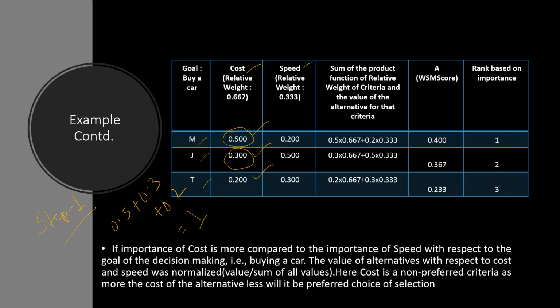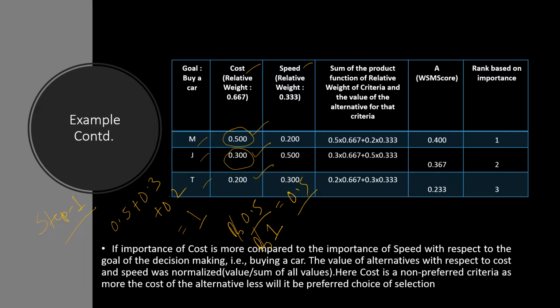That means the value of Mercedes is 0.5, we have divided by 1 and found that the normalized value is 0.5. Actually this 0.5 is in rupees, and the sum is also in rupees, correct? Now when you divide two values of the same unit, the unit gets cancelled out.